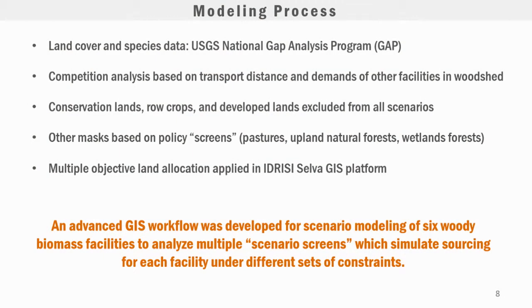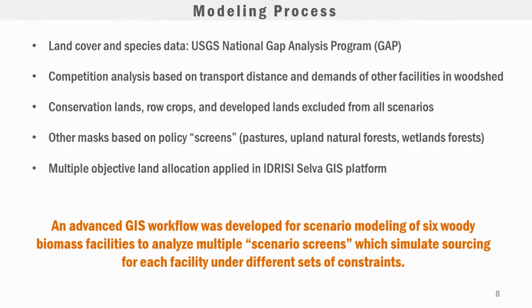The modeling process that we used for this study, we started with the land cover and species data from GAP. We also created a competition analysis based on transportation distance of 75 miles, network analyst, and looking at demands of other facilities in the woodshed.